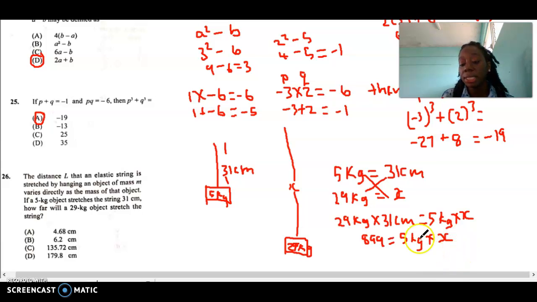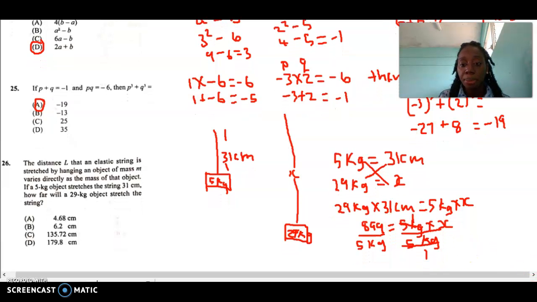So solving for X, since 5 kilograms is multiplied by X, I will divide both sides by 5 kilograms. And if I divide the right hand side by 5 kg, I will have to do the same thing to the left hand side as well. So I can get one set of 5 from the denominator, one set of 5 from the numerator.